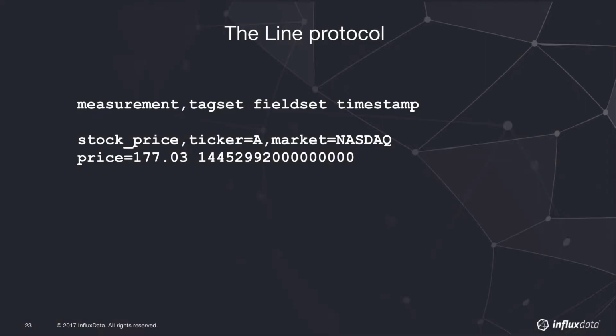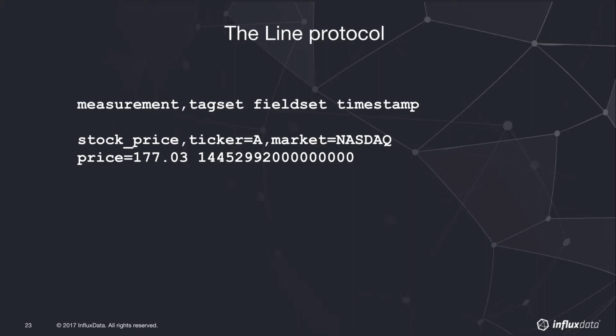So this is line protocol. You start with your measurement, that's stock price. Your tag set is your ticker and your market, and then your field set is your price. The measurement and the tag set are separated by a comma, and then you know that you've entered the arena of your field set when you have a space, no comma.